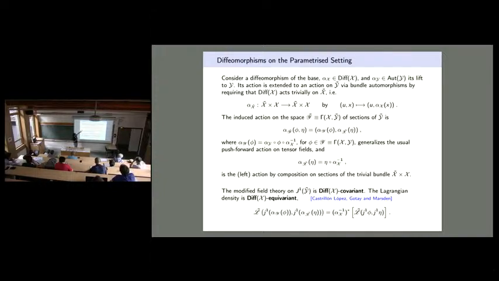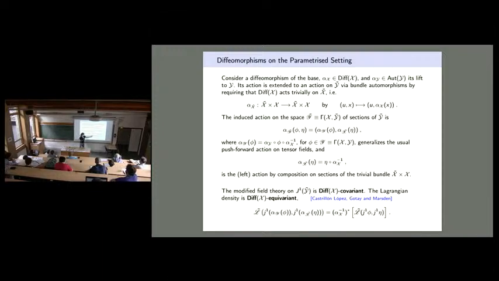It acts trivially on the covariant fields because they are already defined in terms of diffeomorphisms, and it acts in a standard way, as a push-forward action on tensor fields, on the physical fields. At the level of diffeomorphisms, it acts by composition.